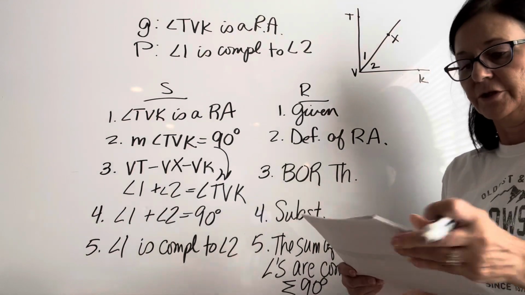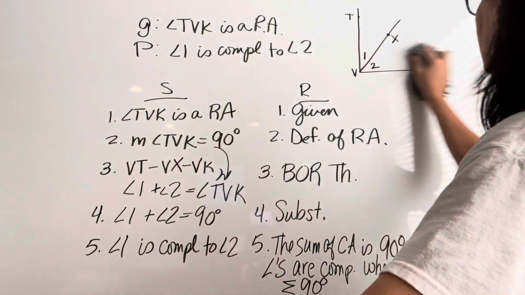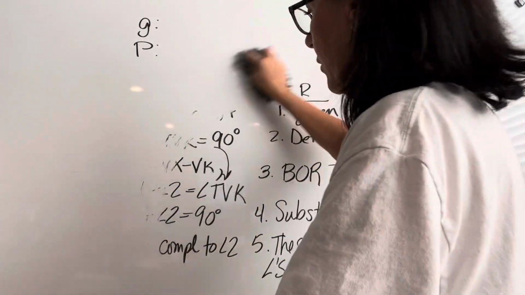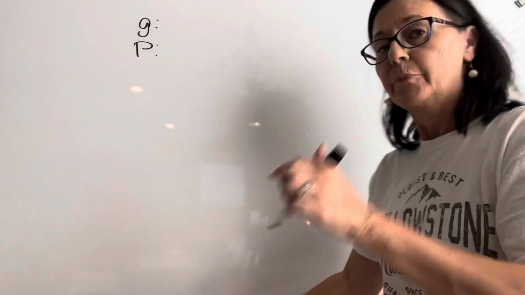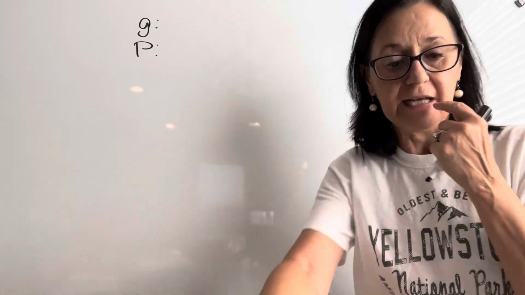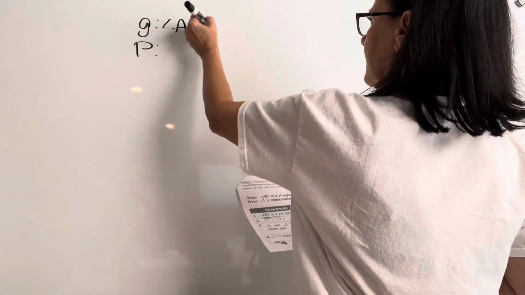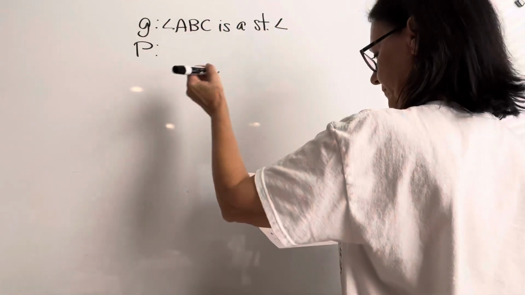All right, now we'll do straight angle. We're probably going to use the very same route because I ask myself to prove what they're asking me to prove, what information do I need to have? All right, so it is given that ABC is a straight angle.